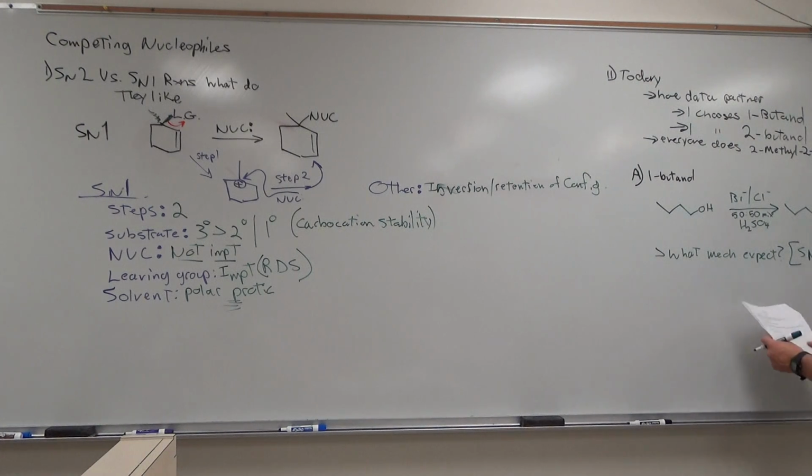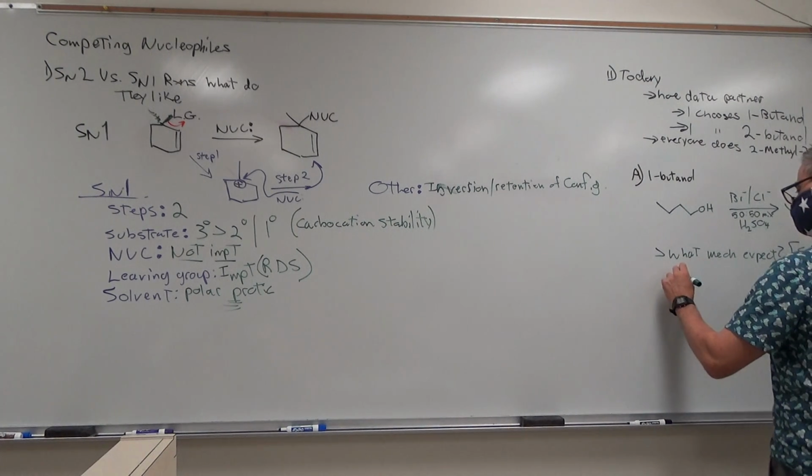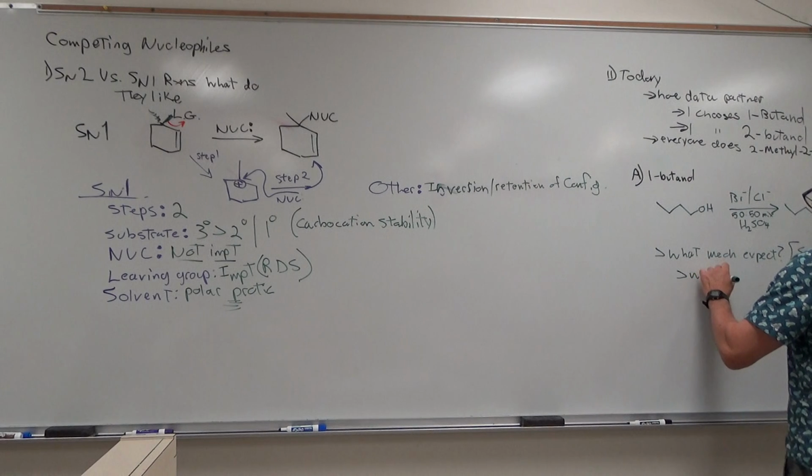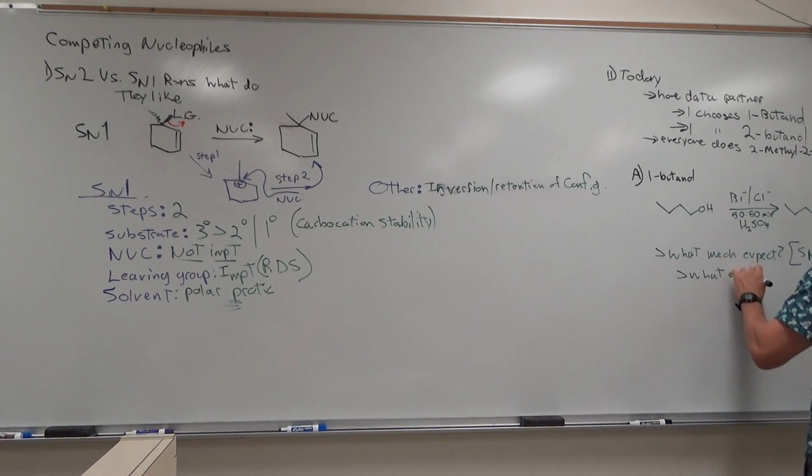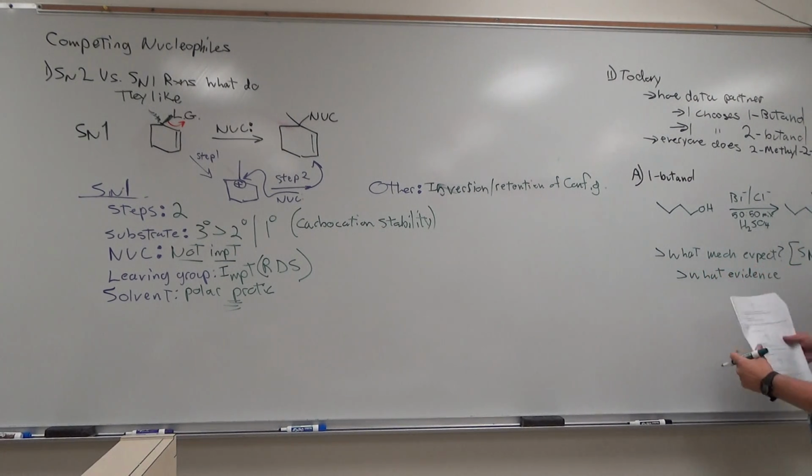Now, what evidence? I forgot to write it here, but next week we're going to see what this ratio is. We're either going to use NMR or we're going to use GC, like we did for several weeks.